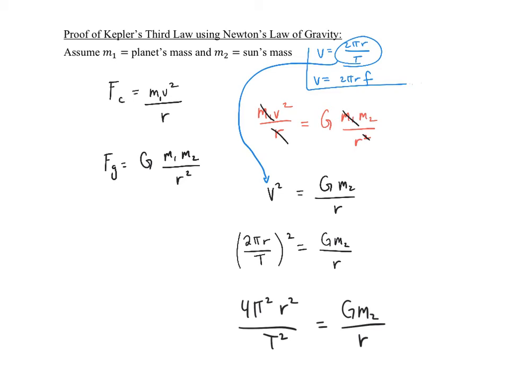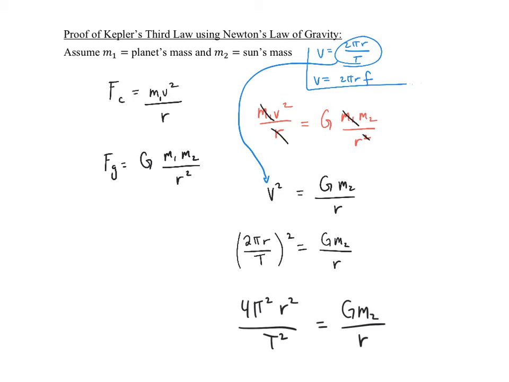And Kepler's third told us that t squared divided by r cubed is a constant. Agreed? That's what Kepler's third law said. So let's get t squared over r cubed somehow. So I need to get rid of this t squared in the bottom and move it where? Top. So let's move the t squared up here. And let's move this r squared where? Down here. And then let's take the G and m2 and move it where?